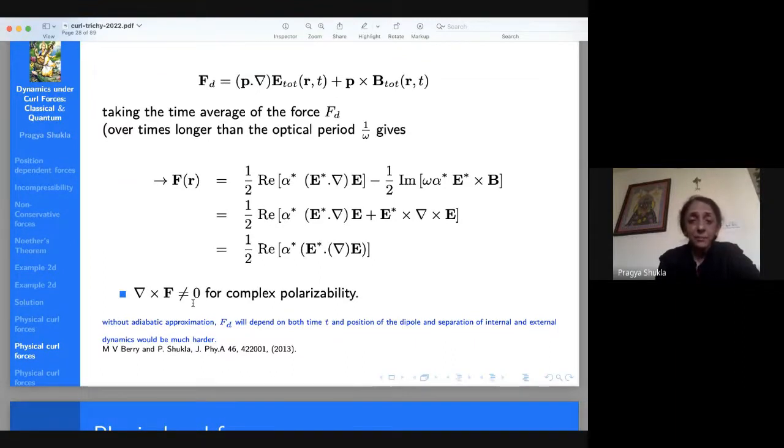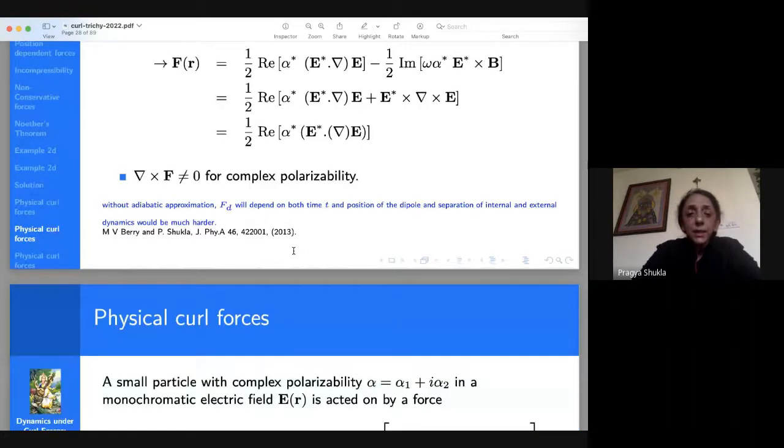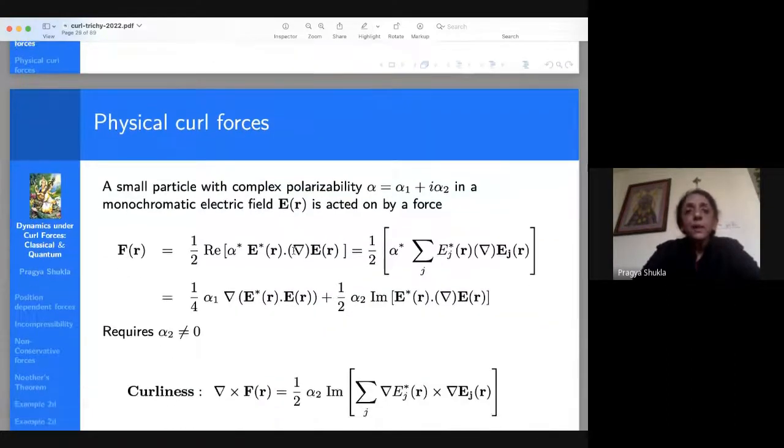is what you now calculate, and you will find del cross F is not zero only if alpha is a complex number. Basically, let me show you again.